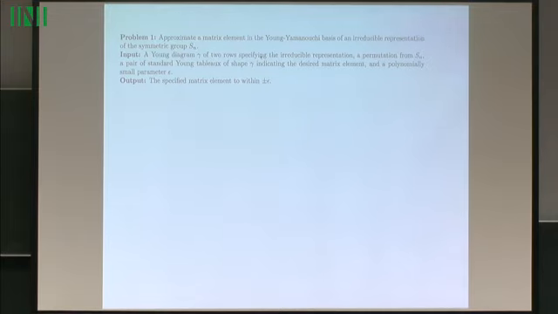I want the algorithm to output the specified matrix element to within plus or minus epsilon. So in computational group theory, there was no known polytime algorithm to approximate these things for a given accuracy epsilon. And through an indirect route, by making PQC classical, we found this type of algorithm.